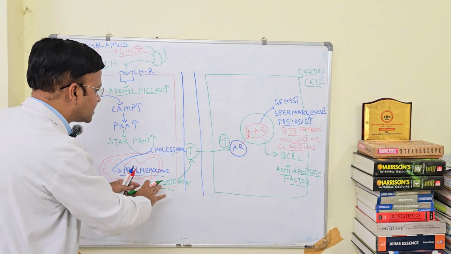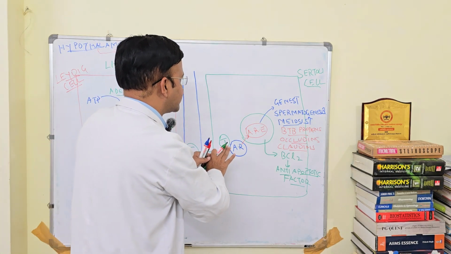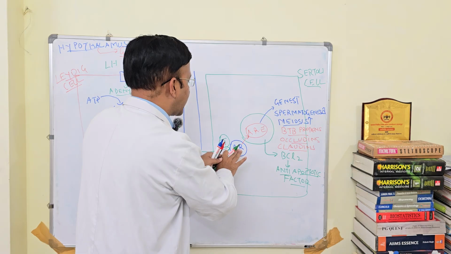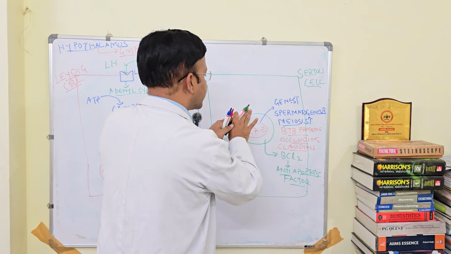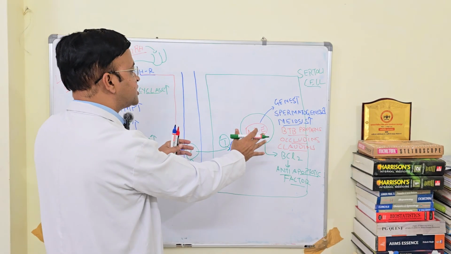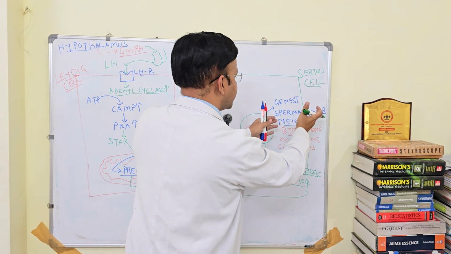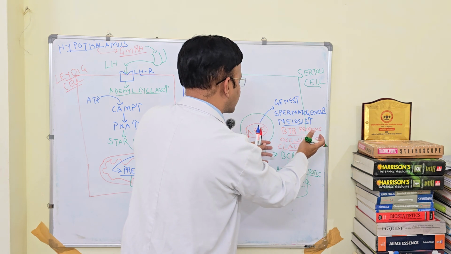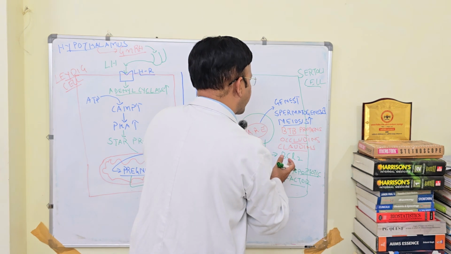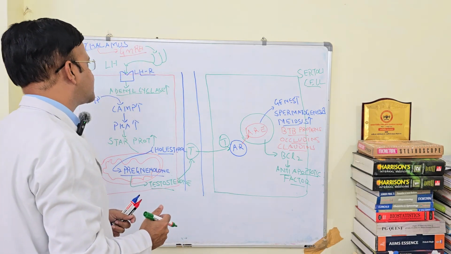After multiple steps it became testosterone. Testosterone came inside the Sertoli cell. It bound to the androgen receptor, got carried all the way to the nucleus, bound to androgen responsive elements, and stimulated the genes of spermatogenesis, meiosis, blood testis barrier proteins like occludins, claudins, and anti-apoptotic factors like BCL2, right?